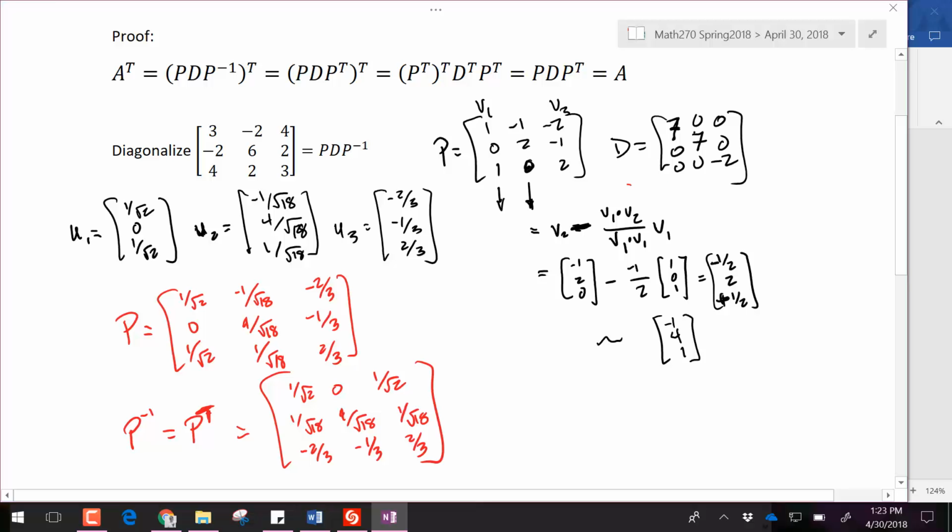And you still have the same D. So hopefully if we multiply this out, we're going to get the original matrix. If it's an orthonormal matrix, then it should be, and the transpose should be equal to the inverse.